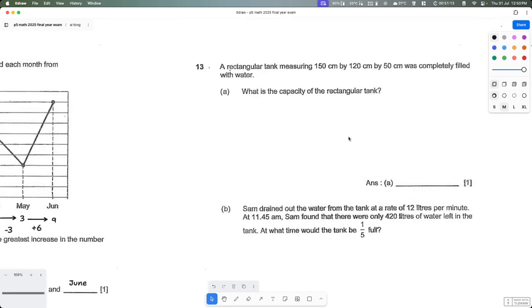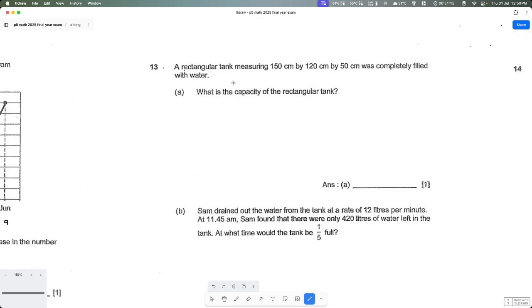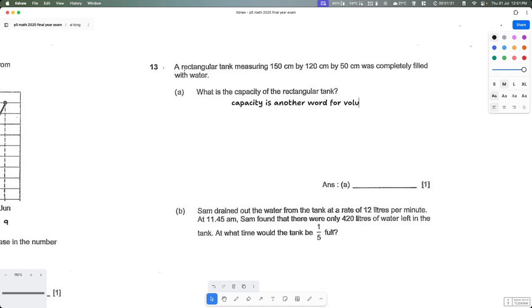Question number 13. It says here, a regular tank measuring 150 by 120 by 50 was completely filled with water. What's the capacity of the regular tank? Right, so capacity is another word for volume.